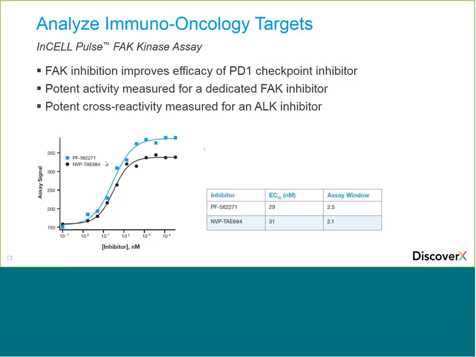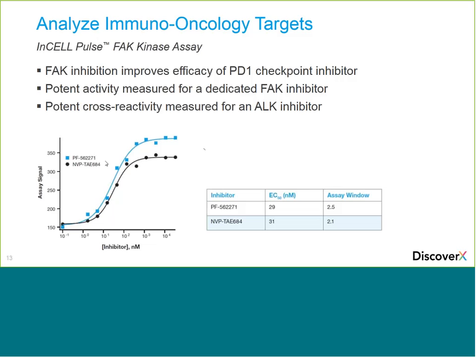And then there's TAE684, which is described as an ALK inhibitor. However, when we screened this compound in a kinome-wide screen, we saw that this compound also had potent FAC activity, but that's just a biochemical result. It's really nice to then validate that there's some cellular activity, and it turns out this compound is just as potent against FAC in cells as the dedicated inhibitor.